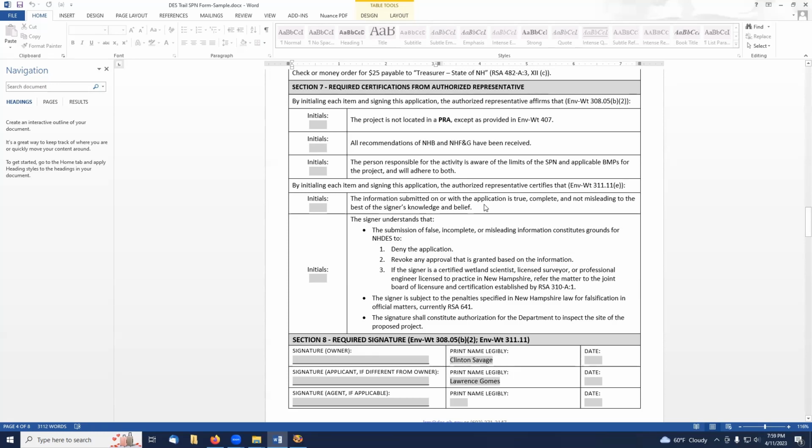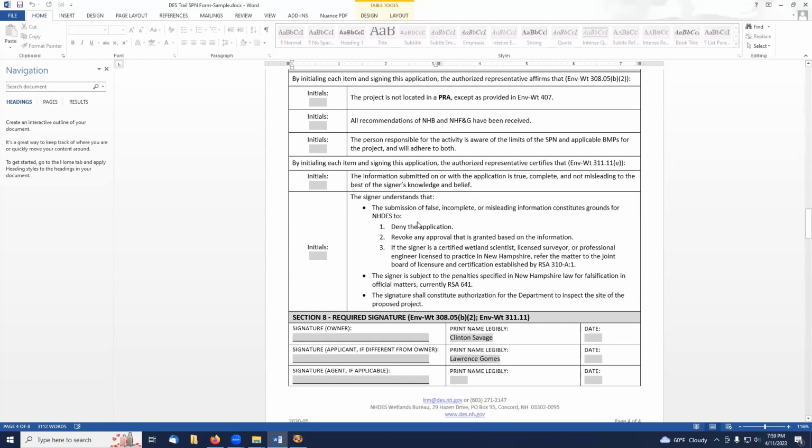You're attesting that this information is true, complete, and not misleading. And you also understand that if you do put in misleading information, they can deny or revoke this application.